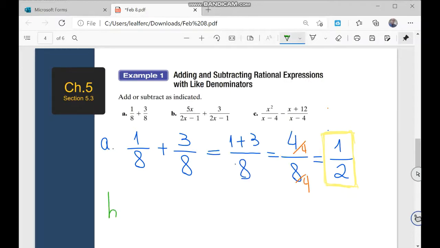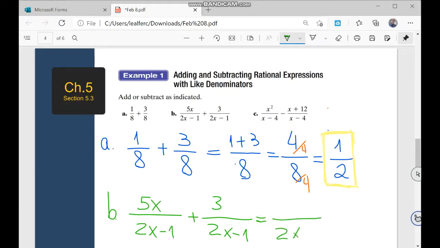On B we have variables now. The first example, just numbers, perfect. But now we are working with some variables. 5x over 2x minus 1 plus 3 over 2x minus 1. Keep the denominator, 2x minus 1, and add the numerators, 5x plus 3.